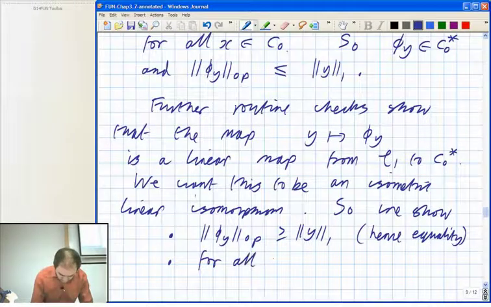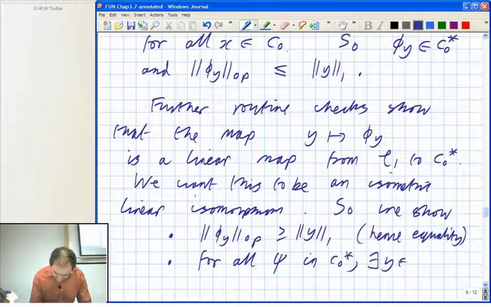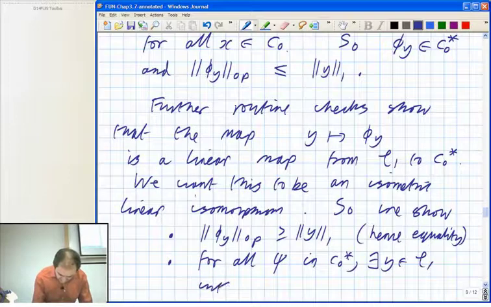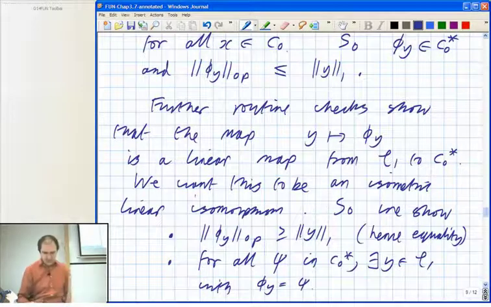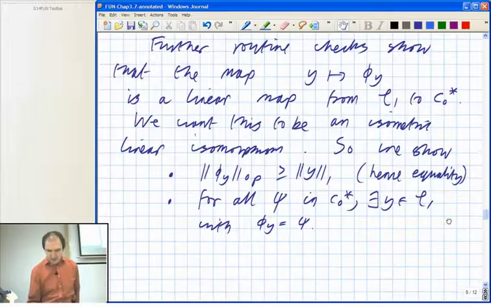So for all psi in C0 star, there exists a y in little l1 with phi y equals psi. Okay, so that's what we're going to do to finish.